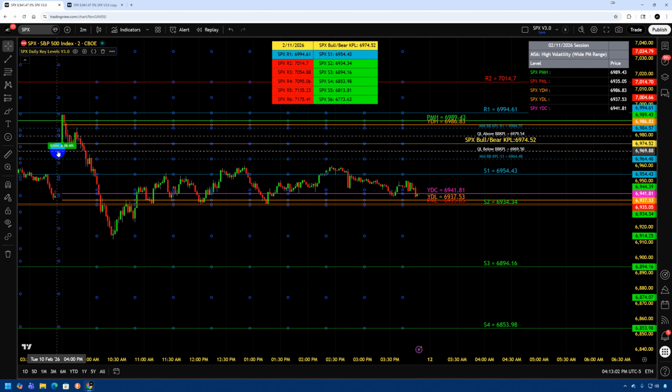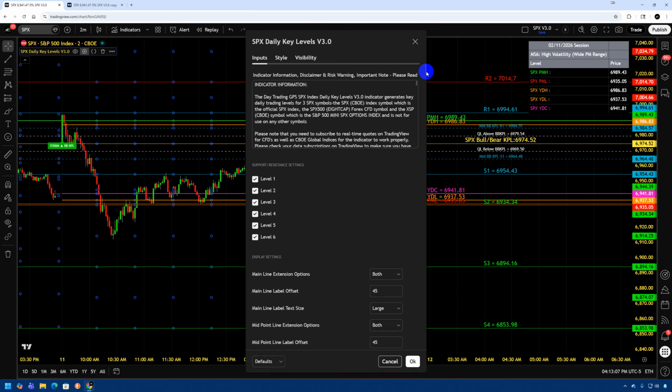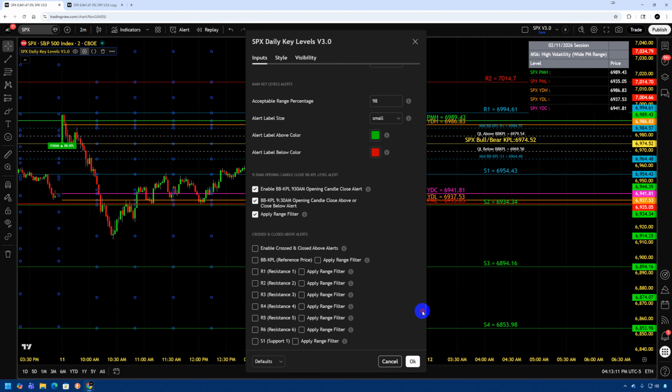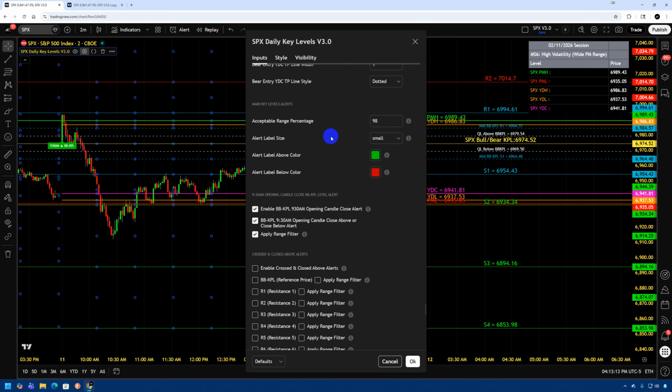And as you can see here, now we have this alert label, which is alerting you to the fact that it did close at 98% or less. Now we could step this down and see what percentage it was.